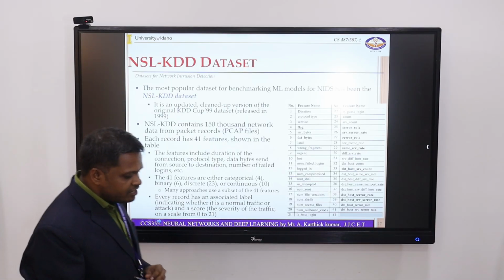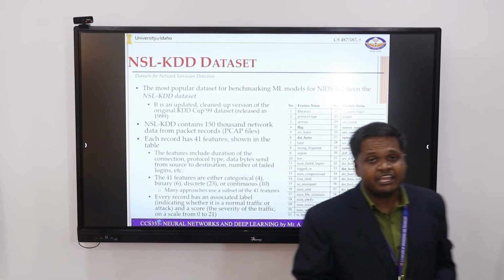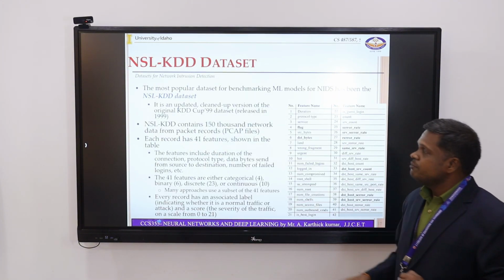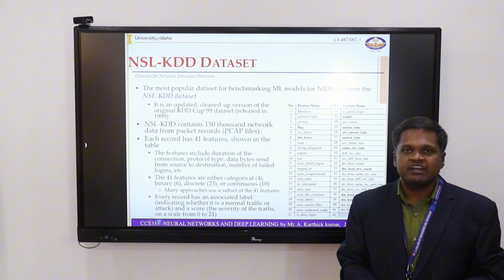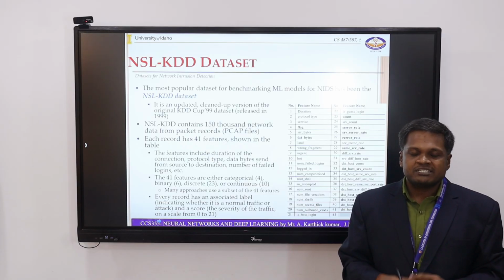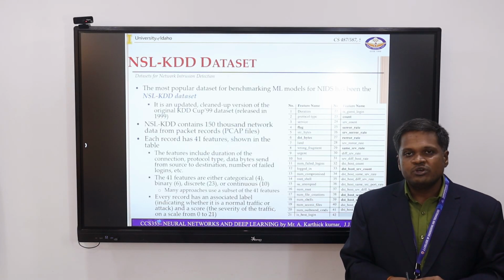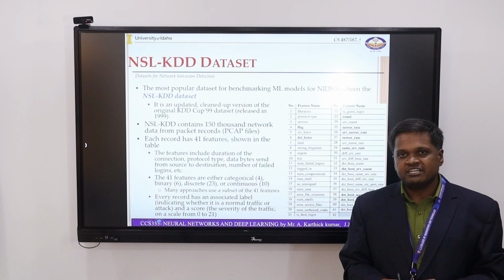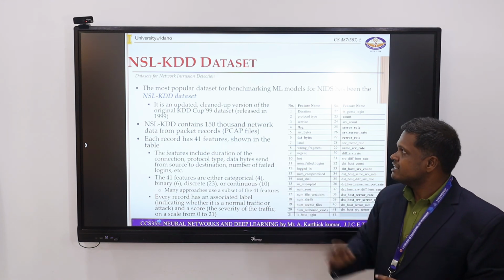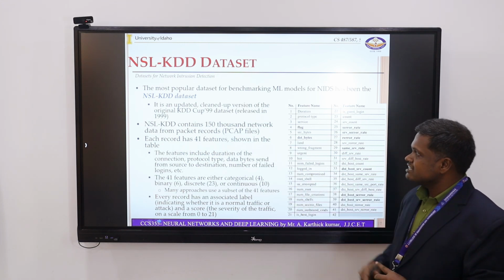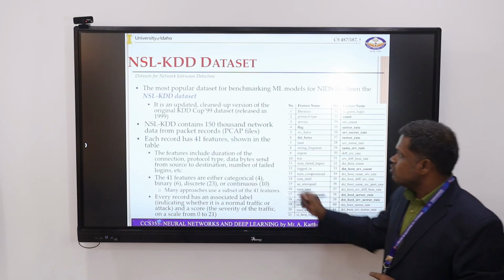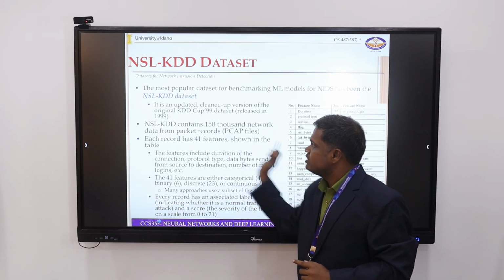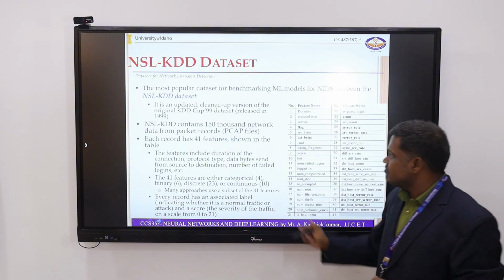So this is one of the cybersecurity datasets, called the NSL-KDD dataset. It is openly available. For example, those who are doing research on cybersecurity attack detection and mitigation can use this openly available dataset. It has 150,000 network records and 41 features.